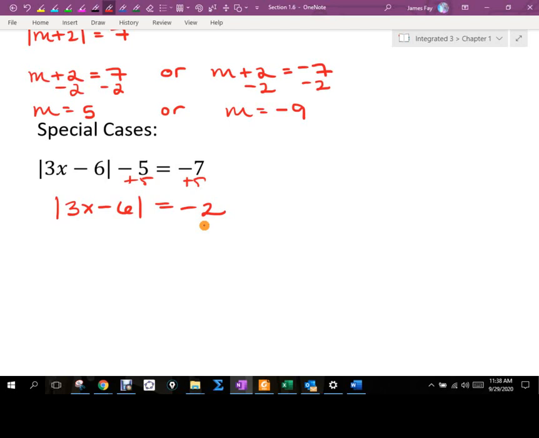So I can read this red statement as the absolute value of 3x minus 6 equals negative 2. Or I can read it as the distance that 3x minus 6 is away from 0 is negative 2. And think about what I said. I said the distance something was is negative 2. What's wrong with that? Good. I can't have a negative distance.